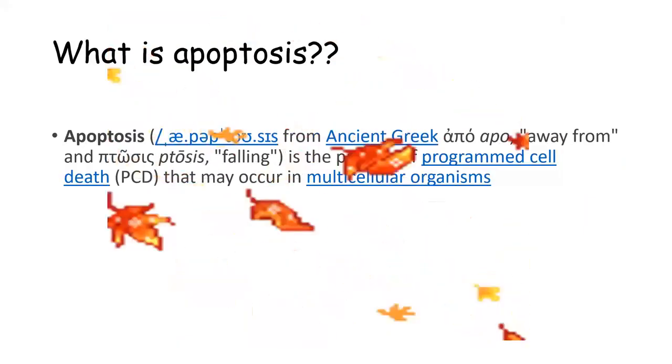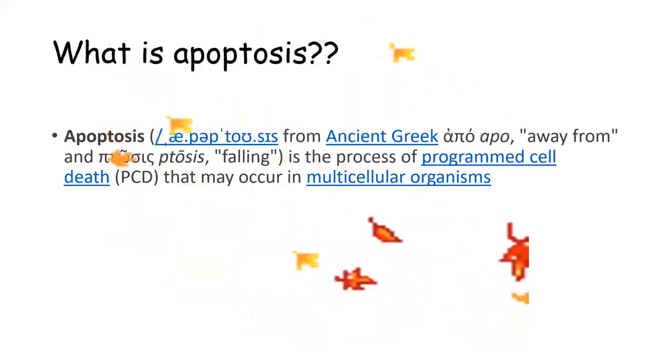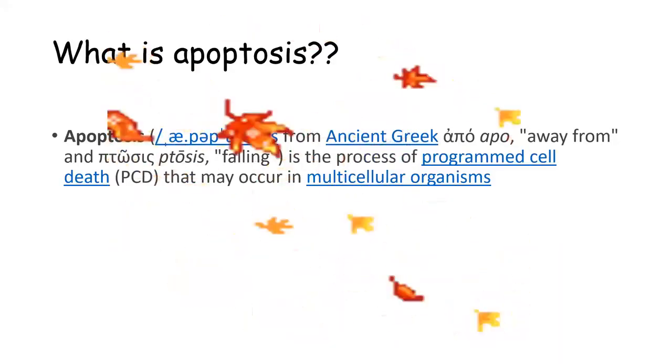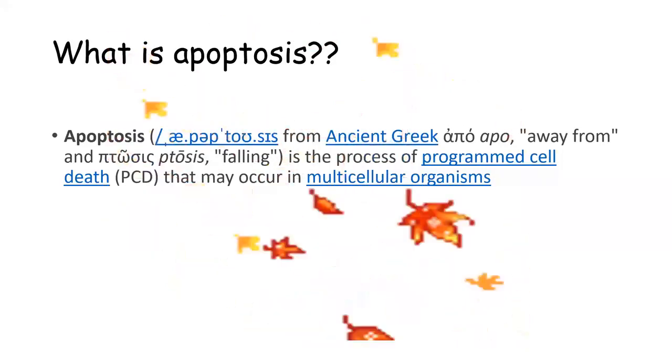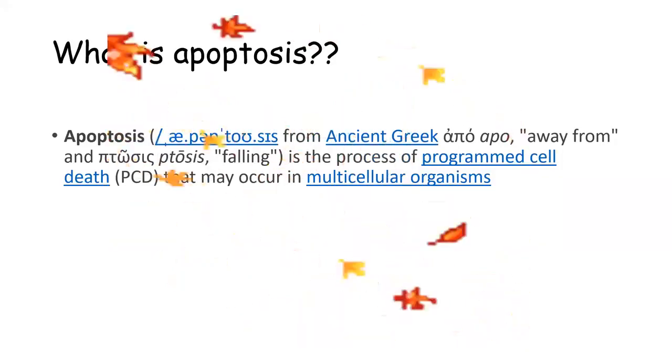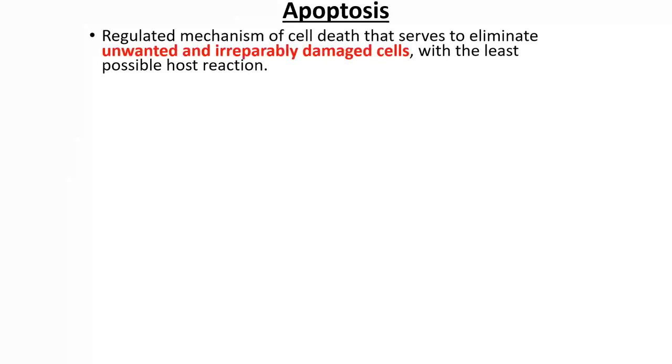So apoptosis, this is from the ancient Greek word meaning falling, is the process of programmed cell death that may occur in multicellular organisms. Apoptosis is a regulated mechanism of cell death that serves to eliminate unwanted and irreparably damaged cells with the least possible host reaction.